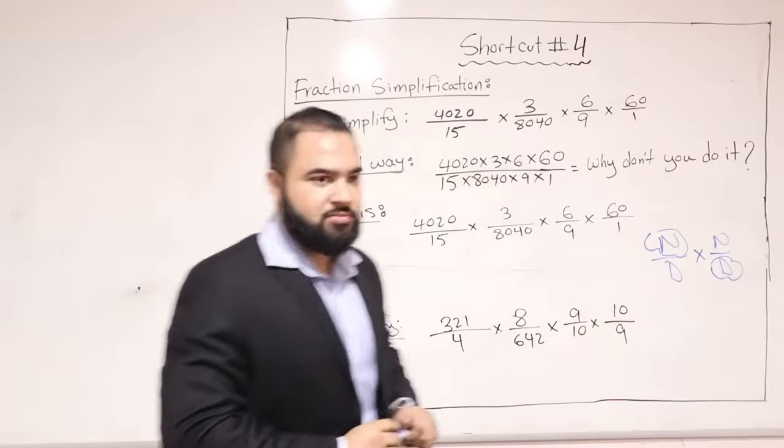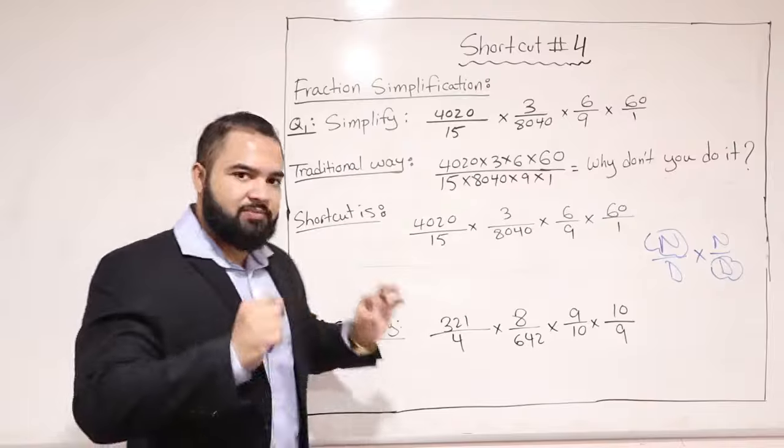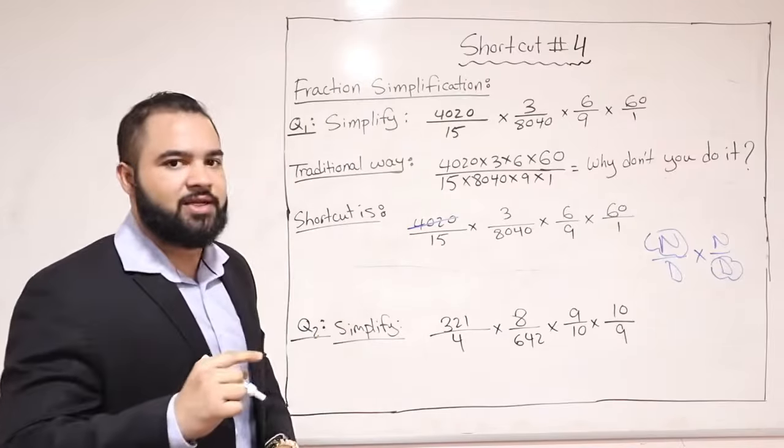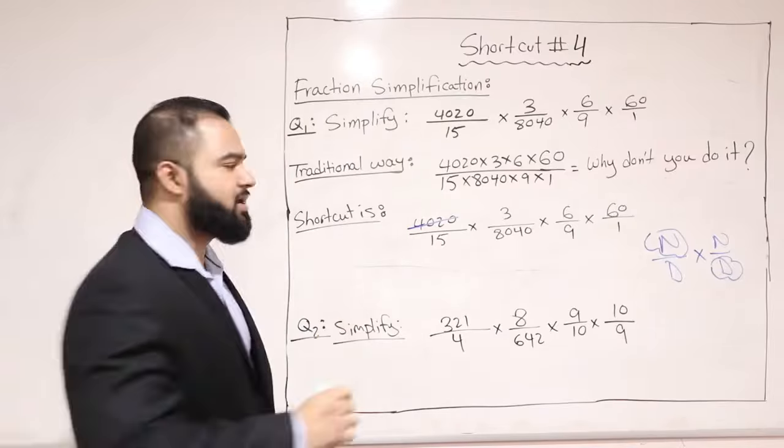Now 4,020 is a numerator and 8,040 is a denominator, and there is a multiplication in the middle, so I am allowed to use cross simplification. So if I divide 4,020 by 4,020 itself, the quotient would be 1. What do I get when I divide 8,040 by 4,020? I'm going to get 2. Now that was a cross simplification.